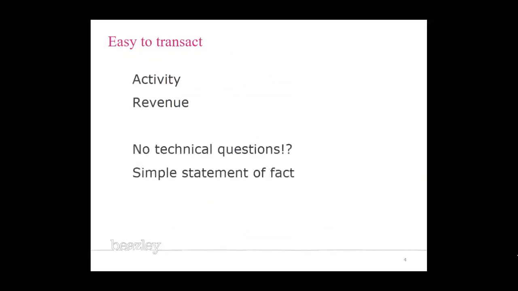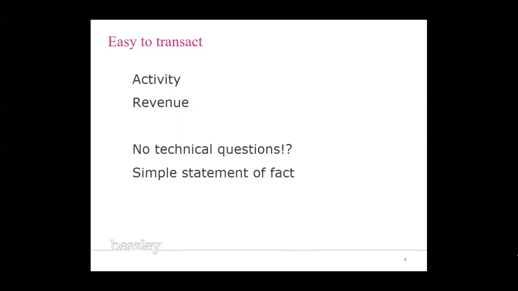And then we actually indicate off of that without asking any further questions. So that's really important. You don't have to fill in a long proposal form in order to get a quote. You can just send us the activity and revenue and we'll provide a quote.